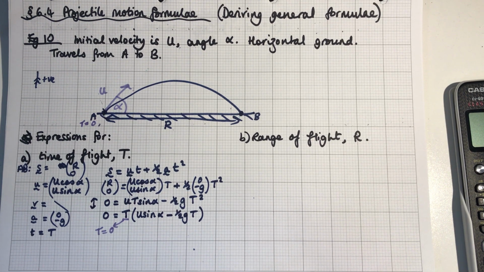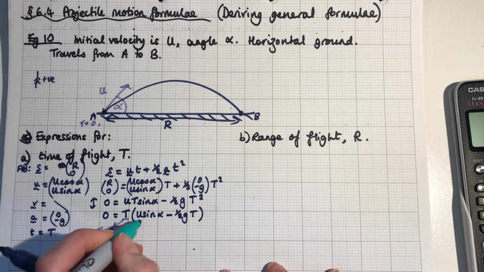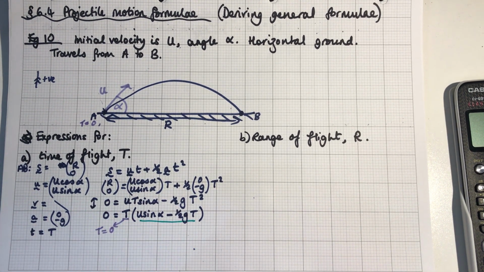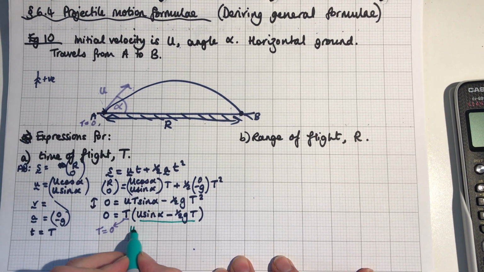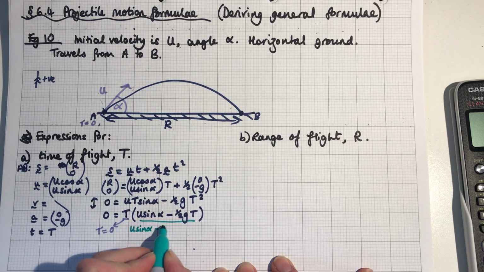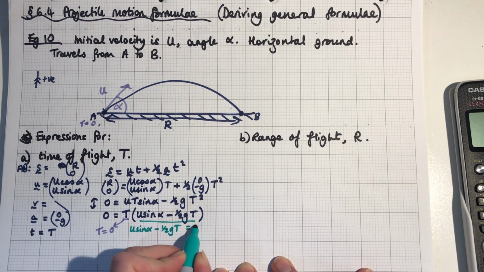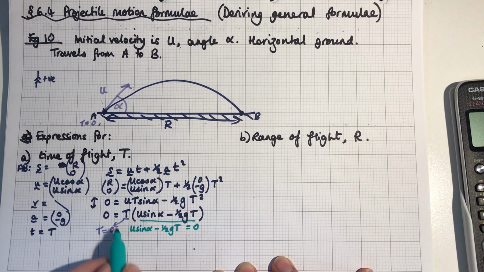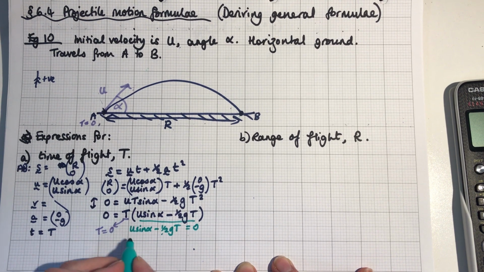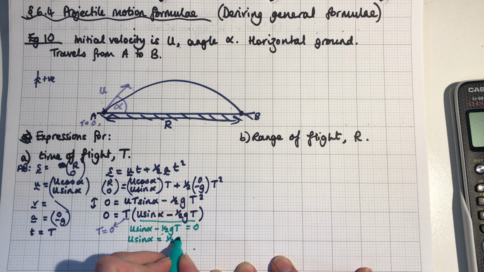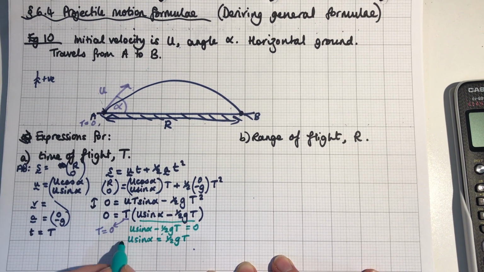And the second one comes from this equal to 0, doesn't it? So we've got u sine alpha minus half gt equal to 0. So we're going to make t the subject of this now. So take this bit to the other side. Multiply the 2 to the other side.